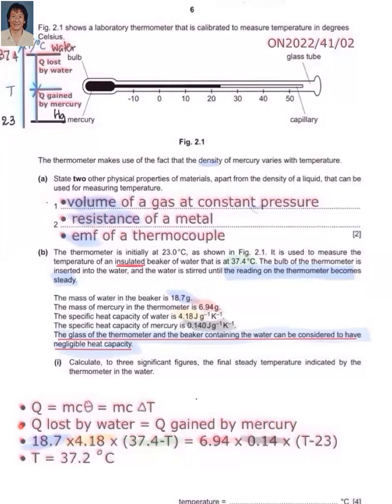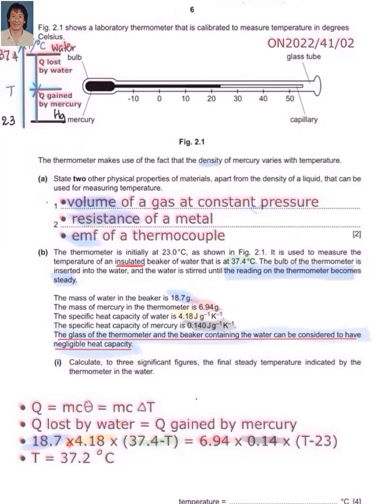This is 1 mark. This question carries 4 marks. Then we use Q = mcθ to calculate the heat energy lost by water or gained by mercury. This carries the 2nd mark.